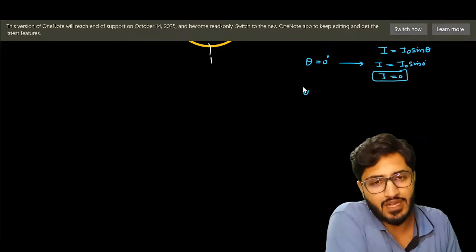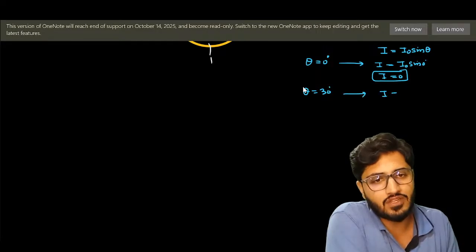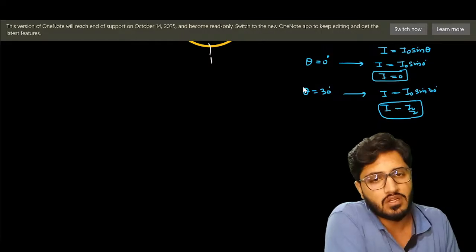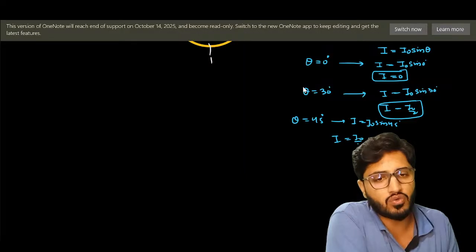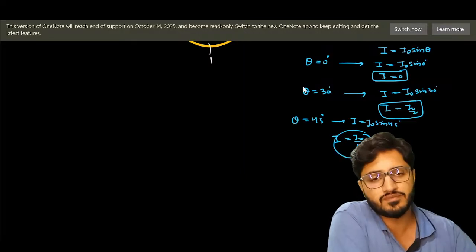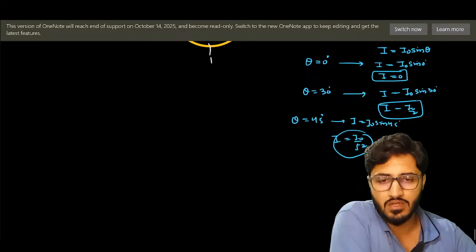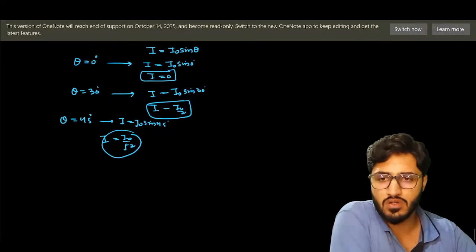Second one, if theta is 30 degree, I is I naught sine 30 degree, and sine 30 is 1 by 2, so I naught by 2. Third one, if theta is 45 degree, I equals I naught sine 45, so I is I naught by root 2.